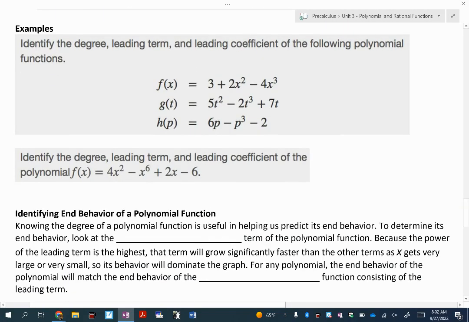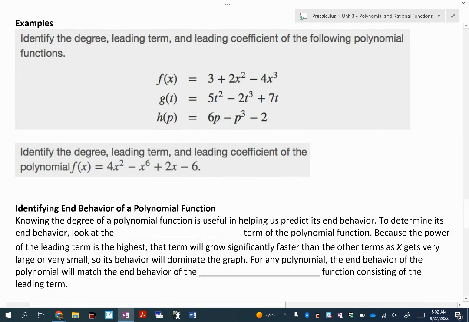So let's practice that. We're going to make sure these are written in that form that has the highest exponent first. So negative 4x cubed plus 2x squared plus 3. This is going to be in standard form. If I want to find the degree, the degree is 3.